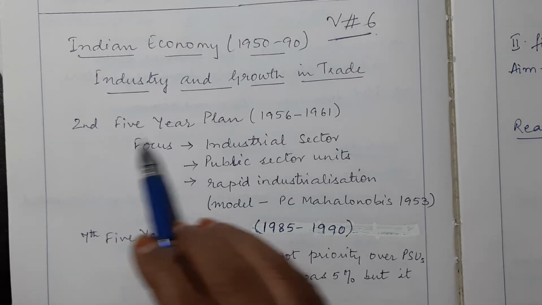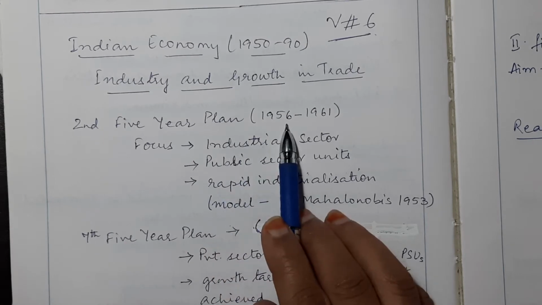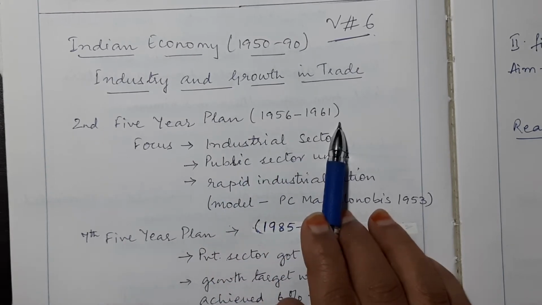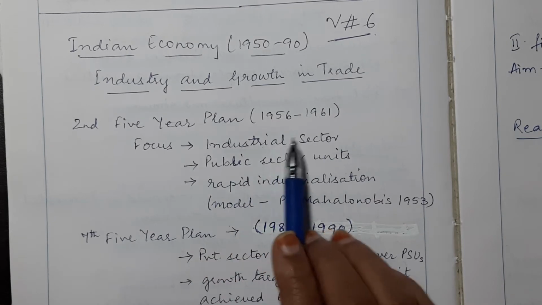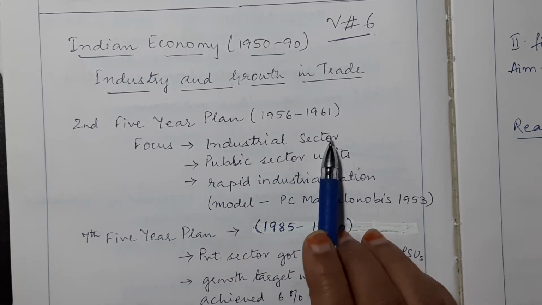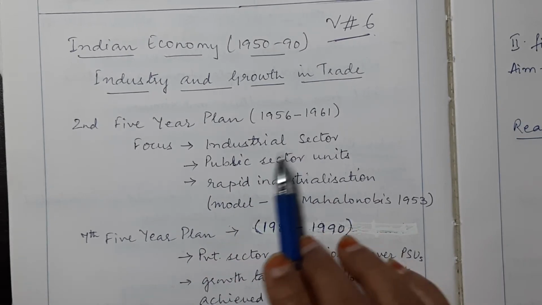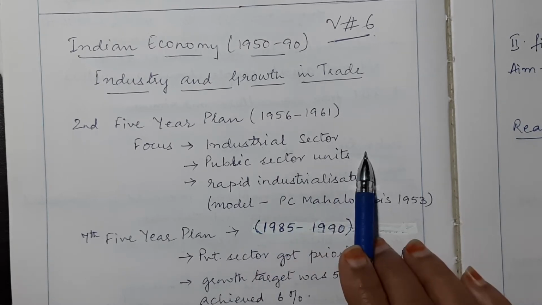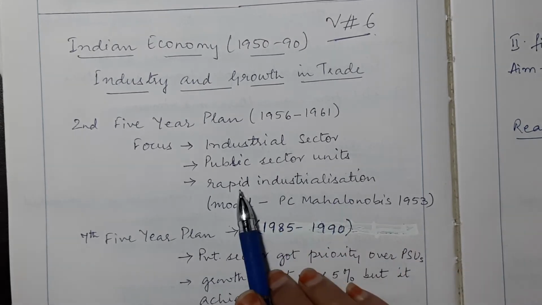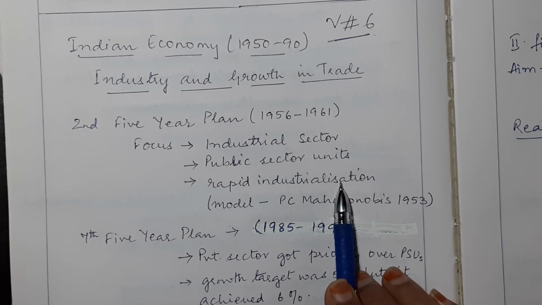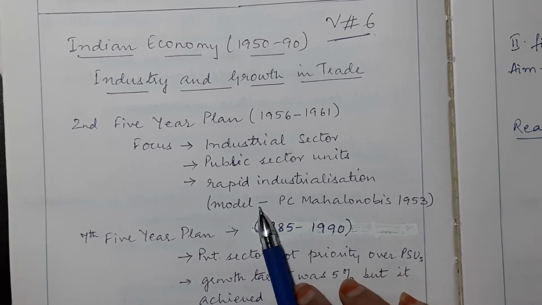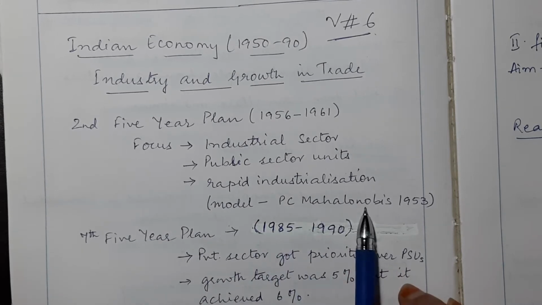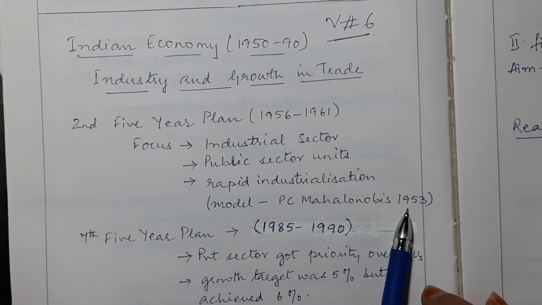So the second 5-year plan, which was between 1956 to 1961, focused on the industrial sector. In this plan, the public sector units were given more importance, which brought in rapid industrialization, and this was based on the model given by P.C. Mahalanobis in the year 1953.